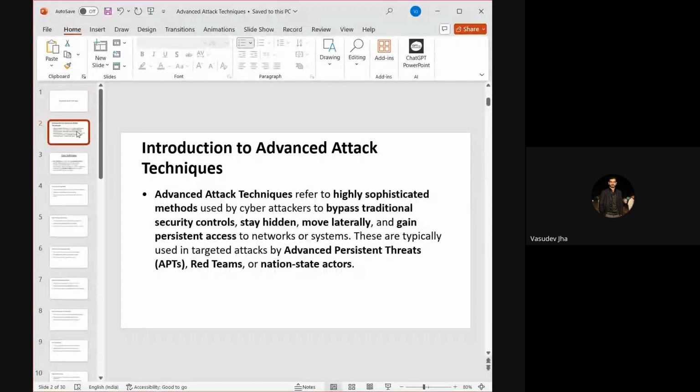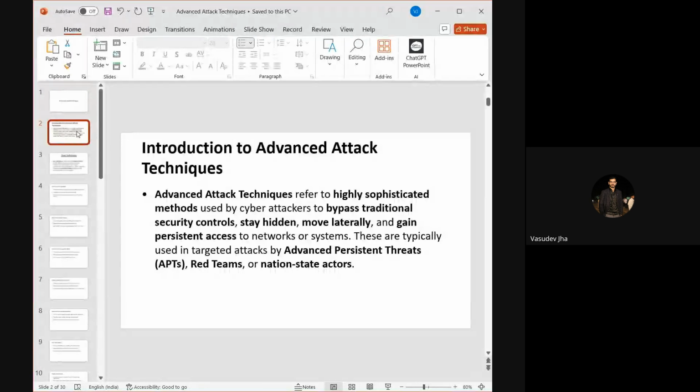After that, you use that C2 control very safely so that your identity is not revealed to them. You can use that for a long time. So that is basically an advanced attack technique, used in APTs, advanced persistent threats.